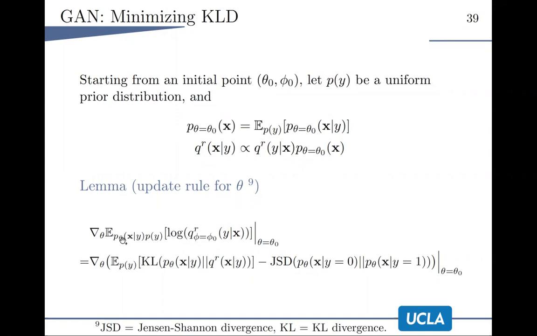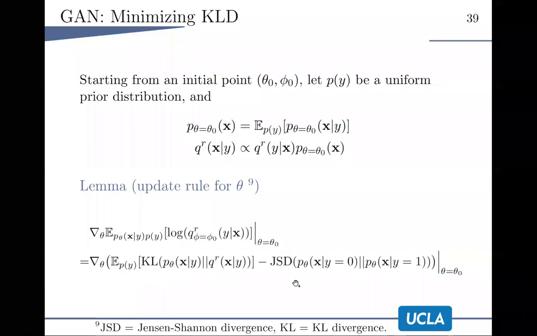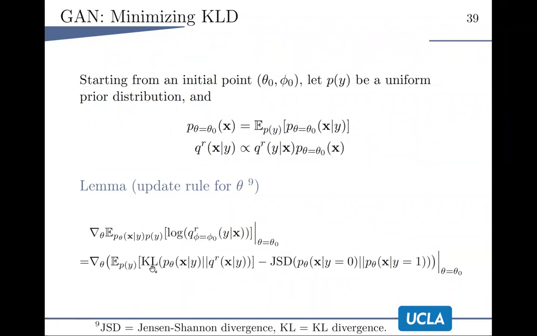And this lemma just says that if we do this computation on the reversed q, this is the outcome we have: the difference between an expectation of the KL divergence of p over q and q reverse, and the JSD. JSD is what we call the Jensen-Shannon divergence, different from KL divergence.